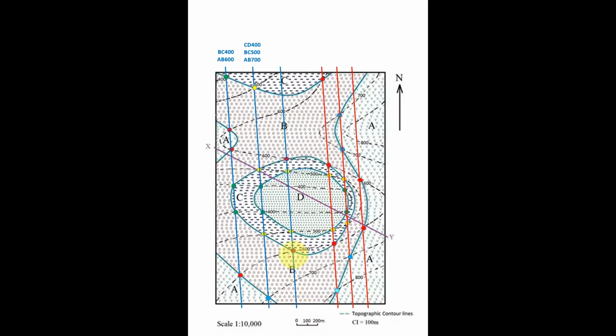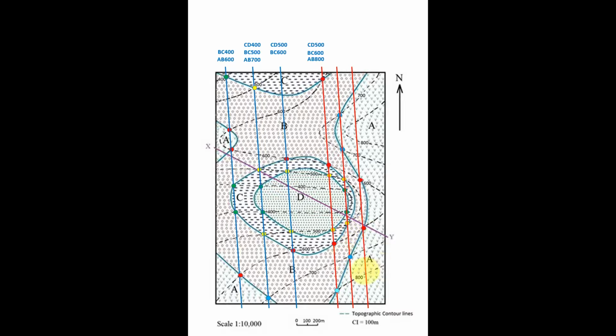AB is not there. We'll start from BC. BC 600 is there and CD 500 is there, right? Moving to the next strike line, we have three different names, red, yellow and this blue is there. So AB 800 is there, BC 600 is there and CD 500 is there.